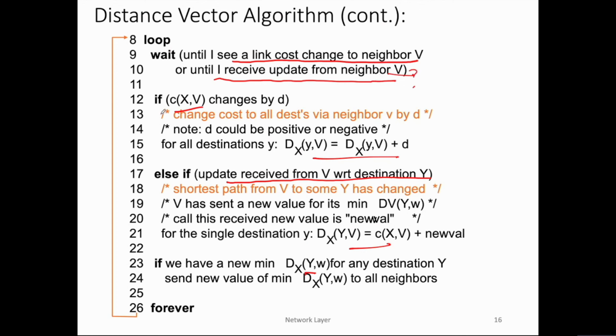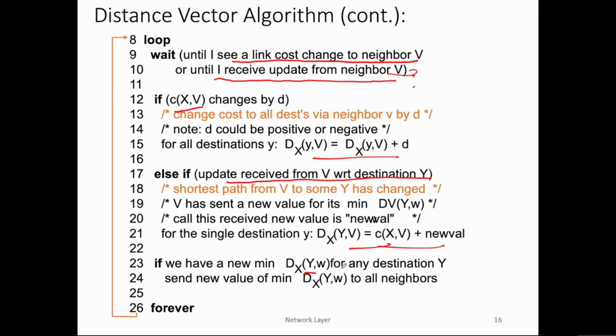If there is a link cost change, we calculate the new cost. Else if we receive an update with respect to some destination Y, as we have seen in the example, we again calculate the new cost as we discussed, and if the new cost is the least cost, we have to communicate this least cost to all our neighbors.